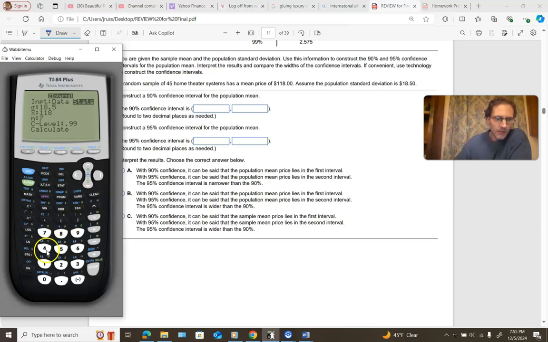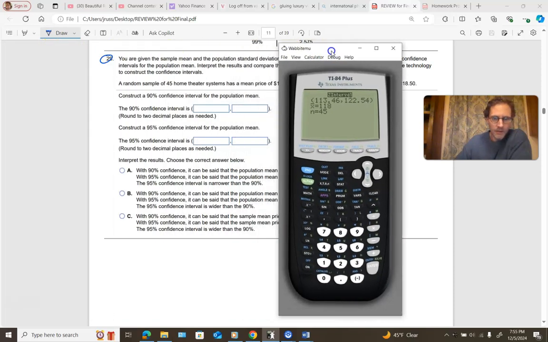The size of the sample is 45. And then our level of confidence is 90%, so 0.9. Okay, and you just calculate. And that's it right there, guys. It says round to 2 decimal places. The calculator gives you the interval accurate to 2 decimal places. So this would be your lower bound, and then this over here would be your upper bound.